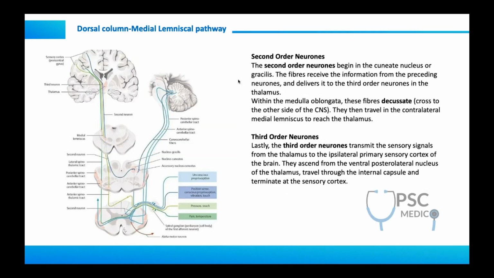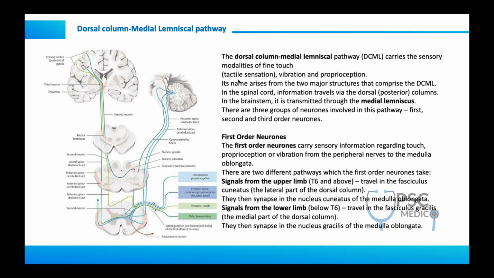So let us look at the dorsal column medial lemniscal pathway. In all these pathways, we have three order neurons. That means starting from first order, entering into the second order, and later on to third order neurons. So there are three layers of neurons in the relaying pathway. What are the sensations carried by the dorsal column medial lemniscal pathway?